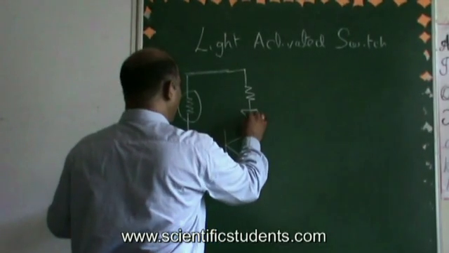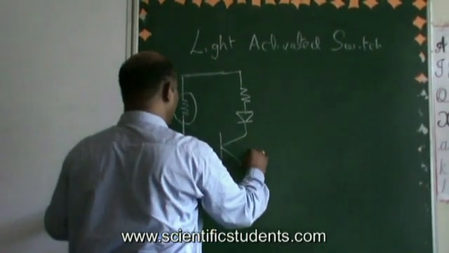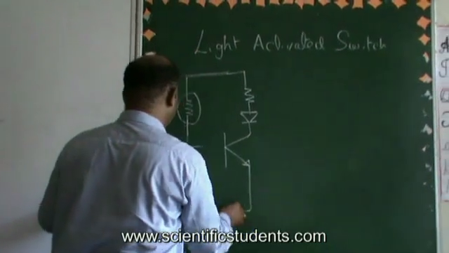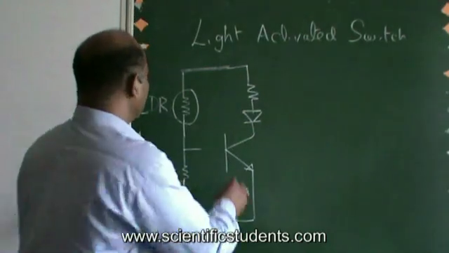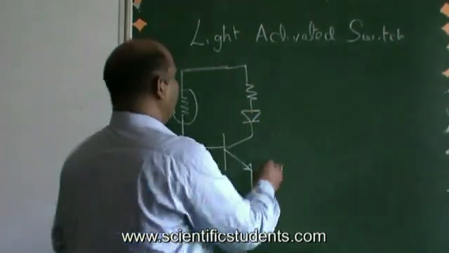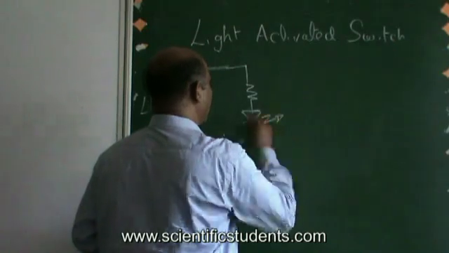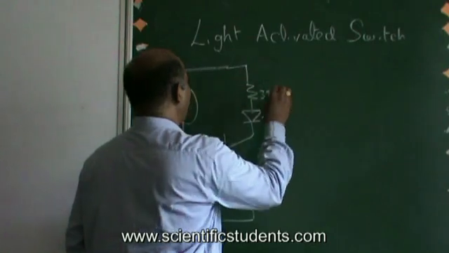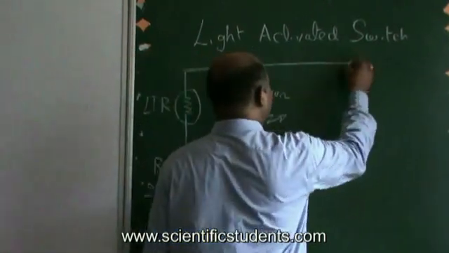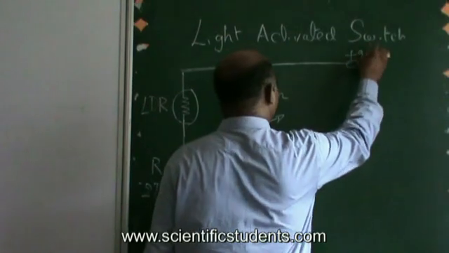Now you see, I'm just modifying that. Yes or no? Yes, sir. PNP transistor. NPN. Okay? Now this is your L. Some 390 or 470 ohm. This is your positive 9 volts.